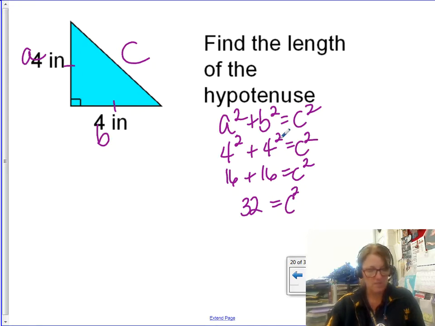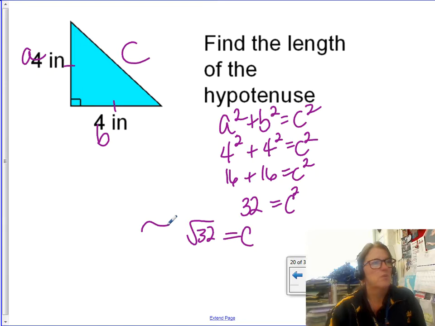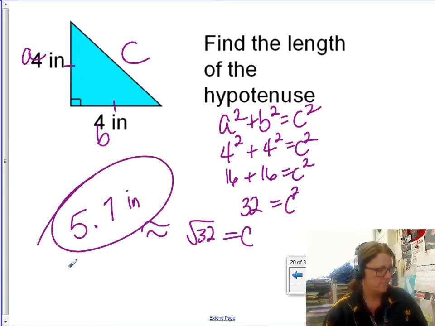So the square root of 32 is about 5, and usually they'll tell you what to round to, because c equals the square root of 32, which is approximately equal to 5.7, if I round to the tenths place. There you go. Okay, cool.